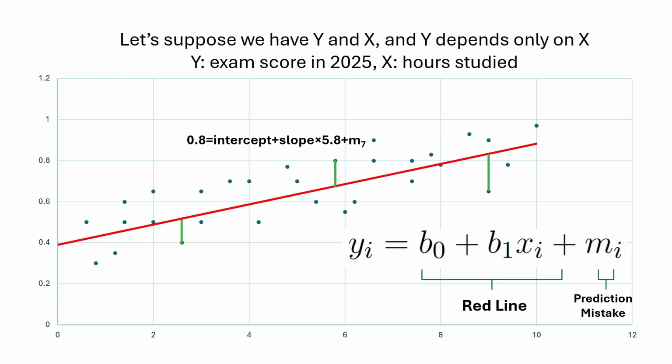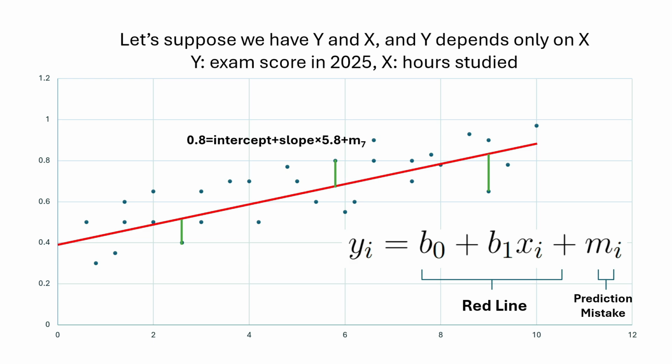The 7 in the M is just saying that this data point corresponds to student number 7 in our data. If the number 7 is confusing you, you can simply think about student number 7 as a student with a particular name, for example, Chris. And student number 1 could be Jeffrey, and student number 2 could be Ashley, for example, and so on and so forth.